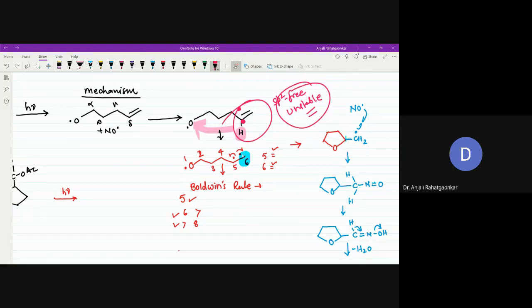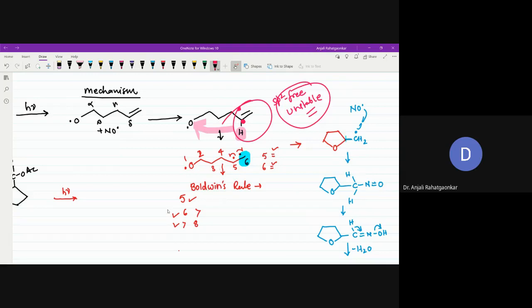And then we have to see the second option where the double bond undergoes homolysis, where two radicals, again now there are three radicals in the same moiety, and two radicals will form a ring which follows Baldwin's rule.